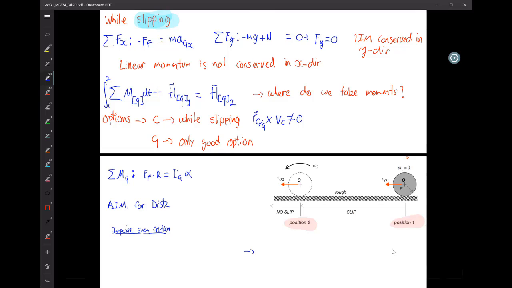Exactly. So there is something that is inconsistent there. There is some inconsistency in our assumptions, because we say that the angular velocity is 0, but this thing has some friction.